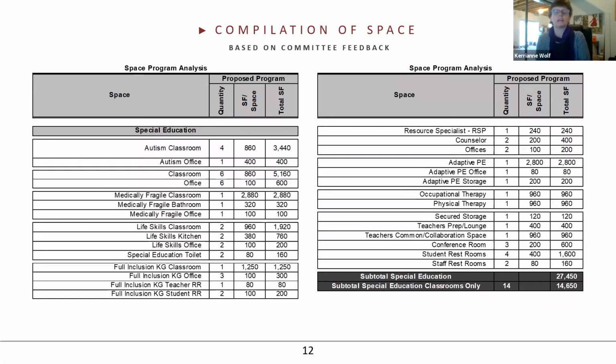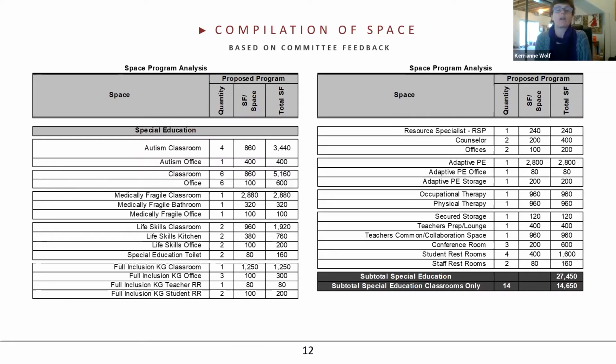So in the special education spaces, and you'll see this again when we look at the adjacency illustration, we have really 3 different kinds of specialty classrooms: autism classrooms, medically fragile classrooms, a full inclusion kindergarten classroom, and then a life skills 4, I should say.